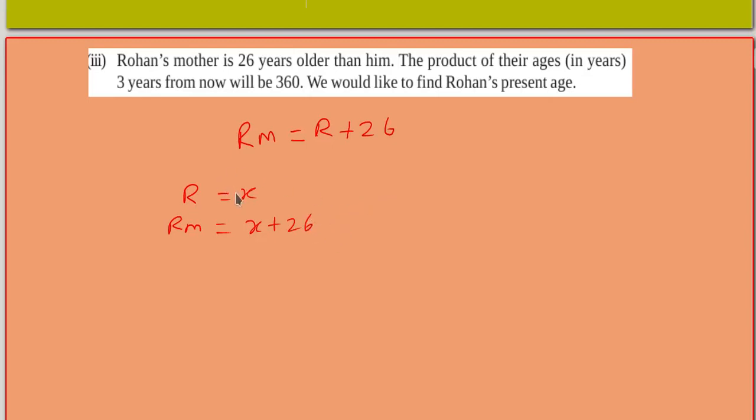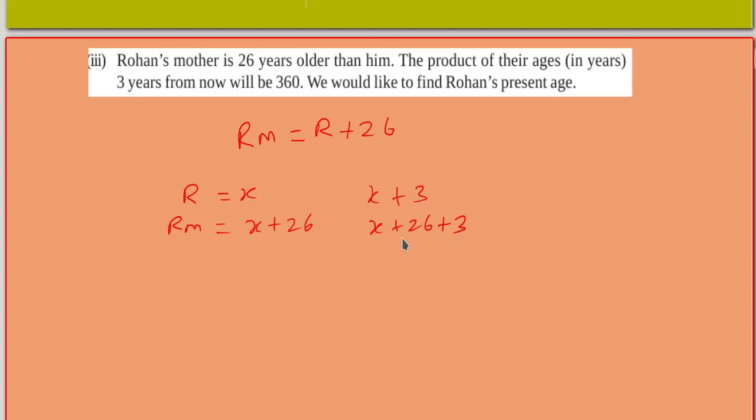So 3 years from now, Rohan's age becomes x plus 3 and Rohan's mother's age will be x plus 26 plus 3. Three years from now means we have to add 3 to both of their ages. So Rohan's mother's age becomes x plus 29, and Rohan's age will be x plus 3.